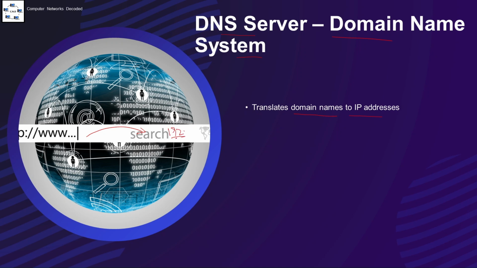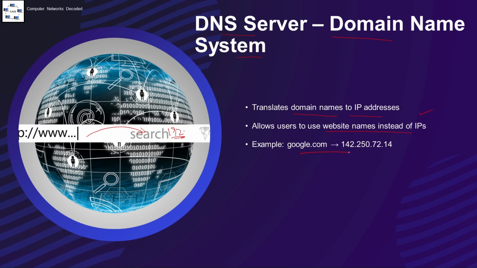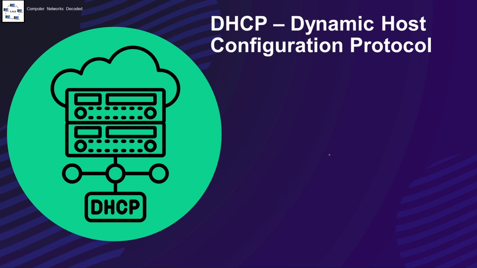This is a private IP address I am giving just for an example. That's the basic purpose of the DNS server. It allows users to use website names instead of IP addresses. It is easy to remember www.google.com as compared to numbers such as 213.86.61 and so on. That's why we use the domain name.